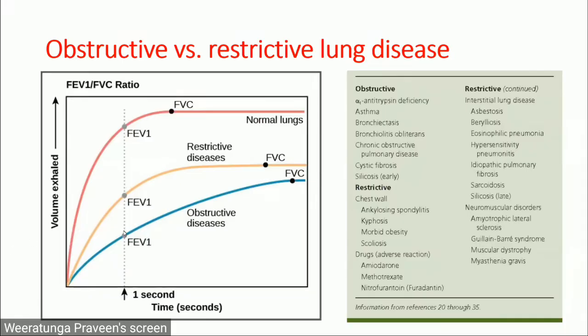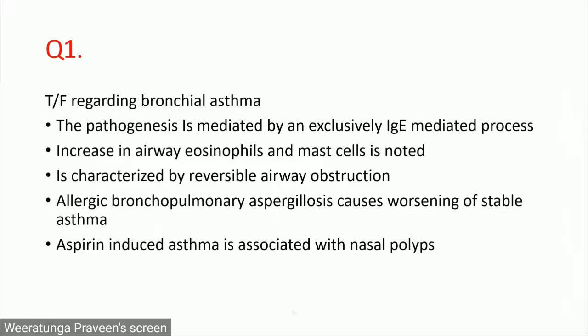So let's start off with asthma. This first MCQ is focusing on causes, etiology, etc. The first thing is that asthma is a disorder of the small airways, and there is reversible airflow obstruction.